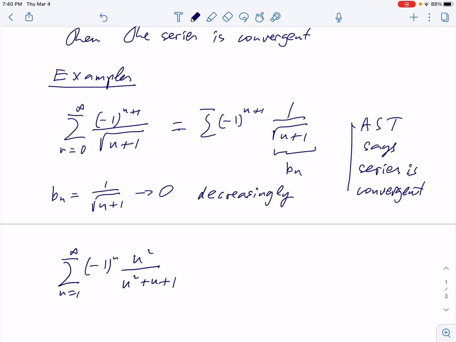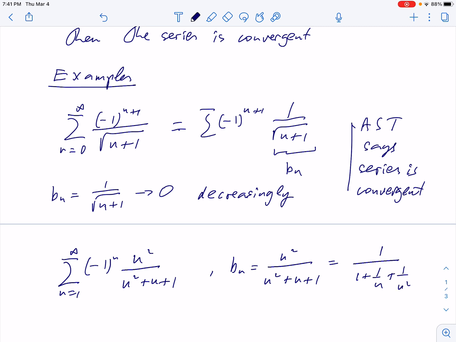What about this one? Here b sub n, the positive factor, is n squared over n squared plus n plus 1. We can easily determine the limit here. Divide top and bottom by n squared, and you can write this 1 over 1 plus 1/n plus 1 over n squared.